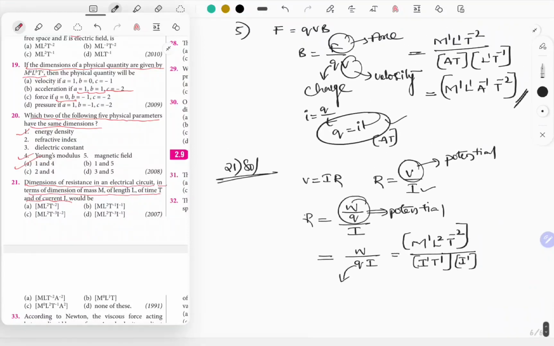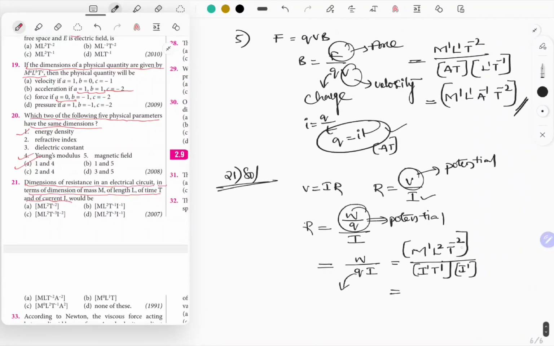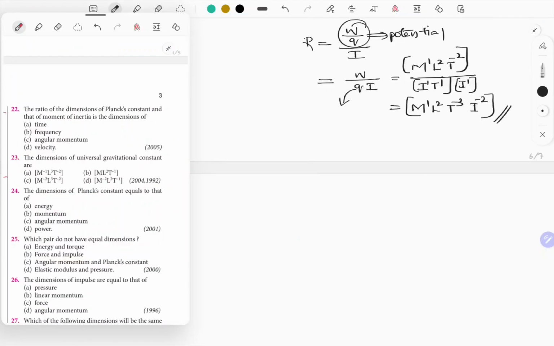So for the final dimensional formula, if you take this T power 1 to the numerator, we are going to get M power 1 L power 2 T power minus 3 I power minus 2. This is the dimensional formula for resistance in terms of mass, length, time and current. Hope you understood. Look at question number 22.